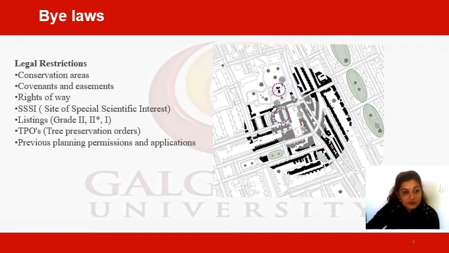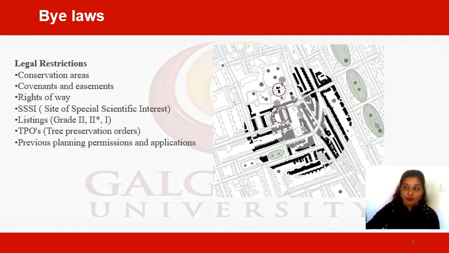Site of special scientific interest, whether it is or not, you should identify it. Listing grade 1, 2 and 2-star, this is the grading listing of a special scientific interest site. You should check if your site lies in it or not. Tree preservation order, how many trees are there in your site. You should locate them, because according to current bylaws, you can't cut trees above a specific height.